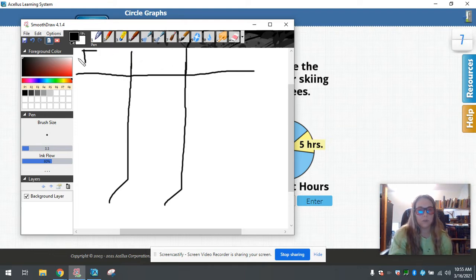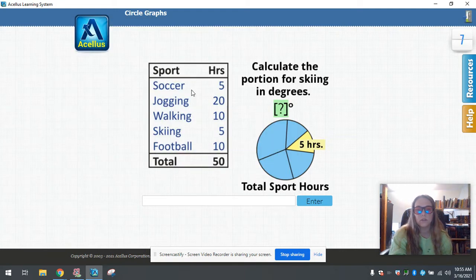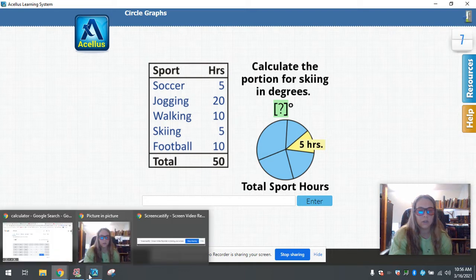Okay. So in the first column, we're going to figure out the fraction for each of these portions. So we have 5 out of 50 hours playing soccer.